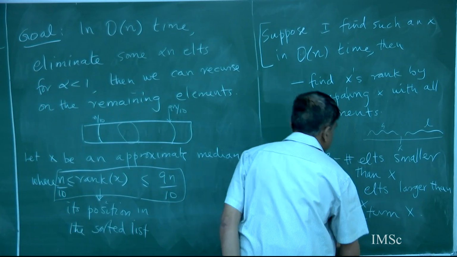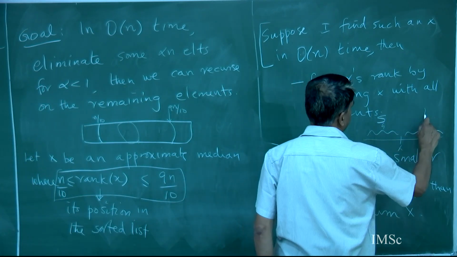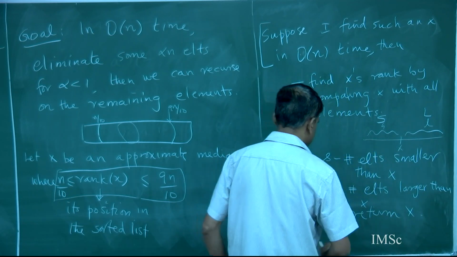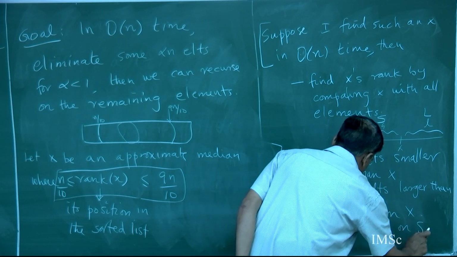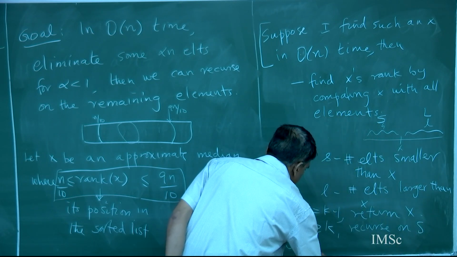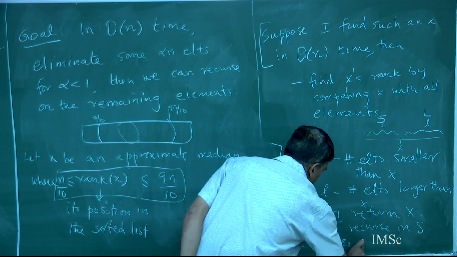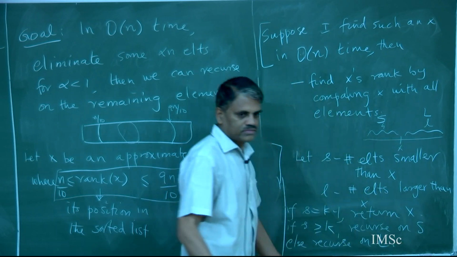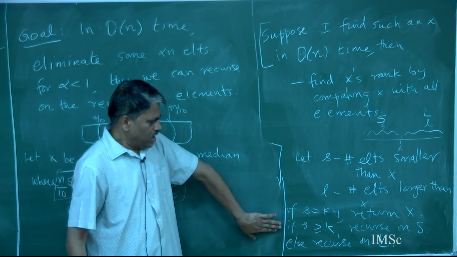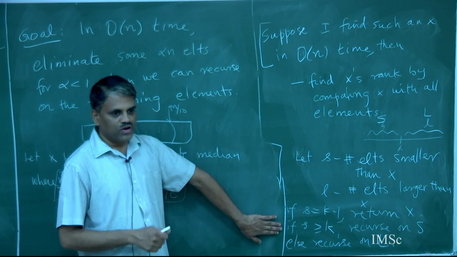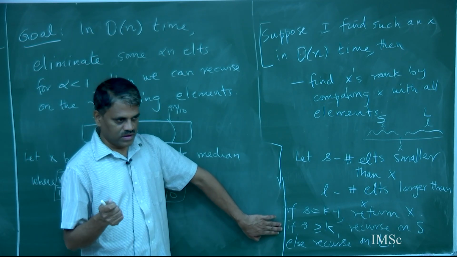Recurse. So let's call this set S and L, and the sizes are S and L. Then recurse on S, else recurse on L. That's my algorithm. But what do I mean by recurse on S? In S, I look for the kth smallest element.